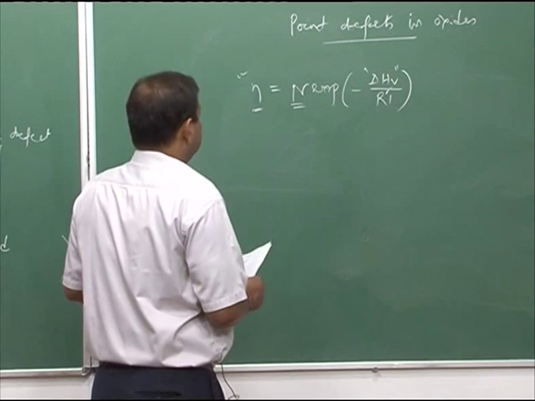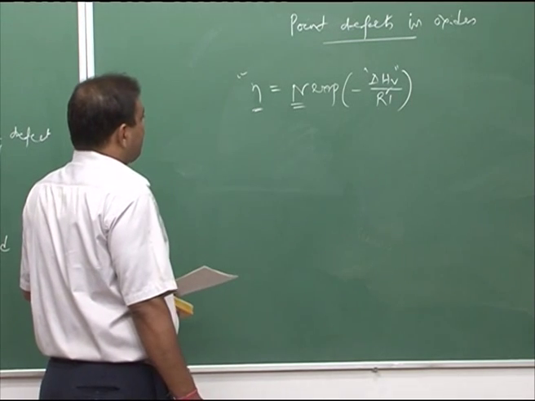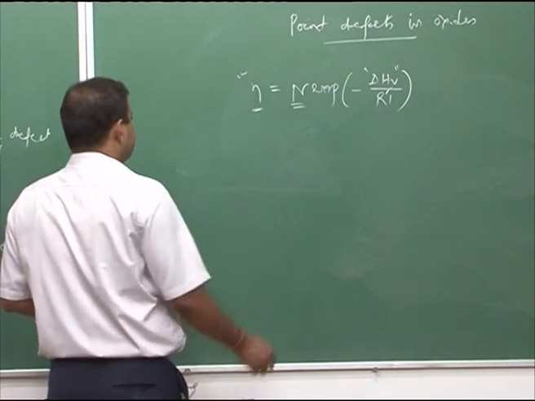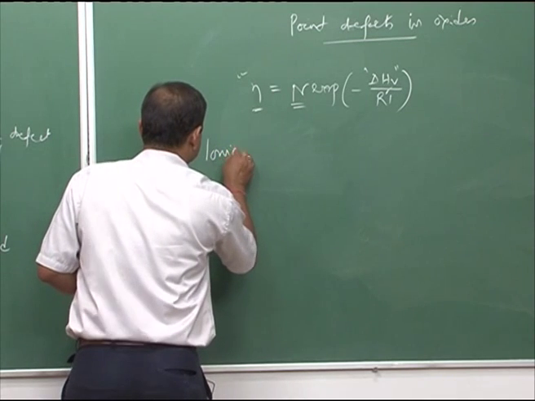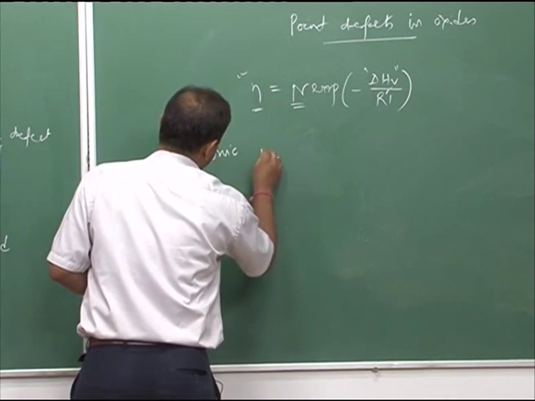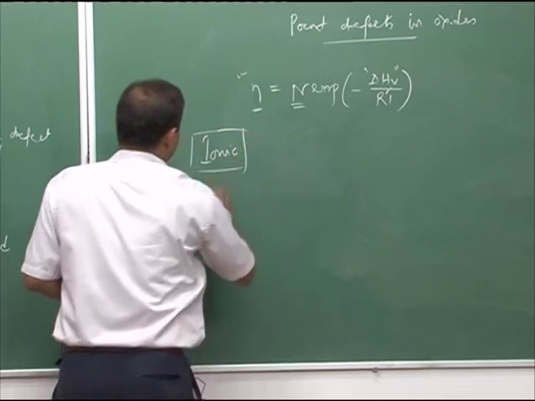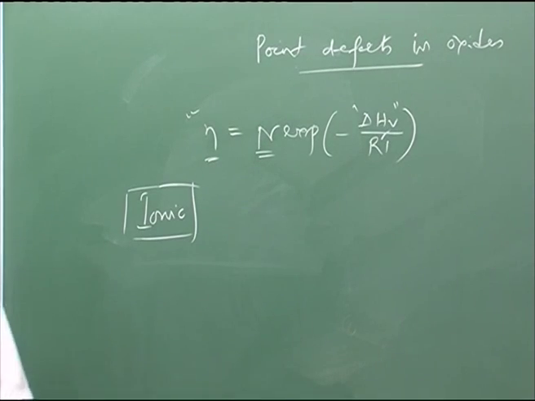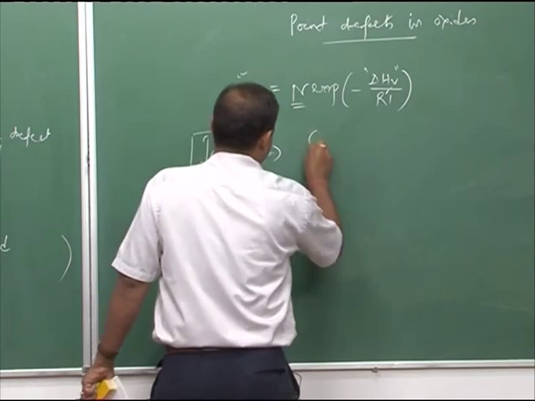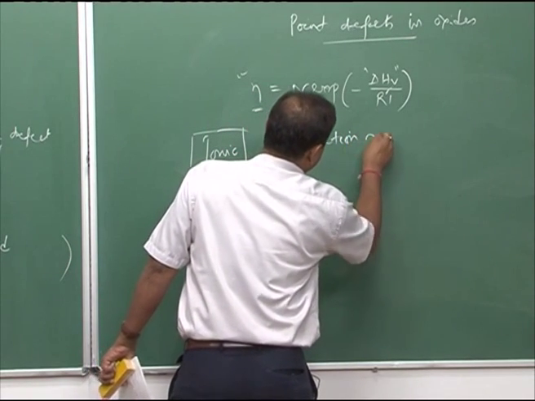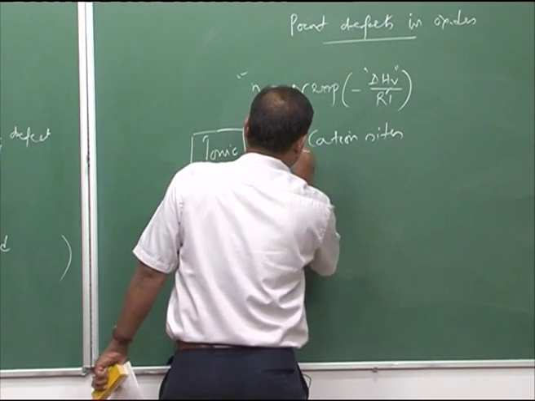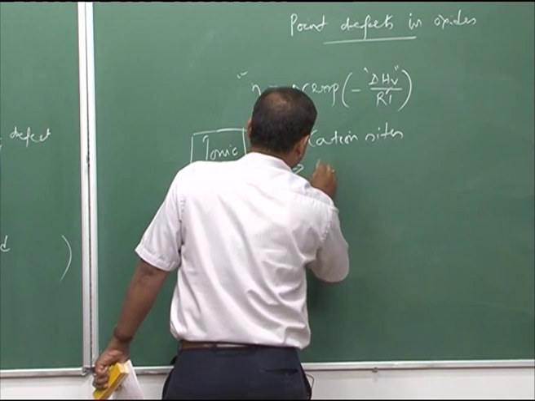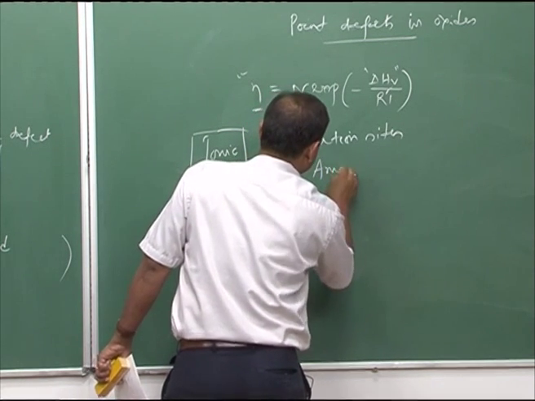Now, most of the oxides are generally ionic in nature. So, if we consider an ionic oxide, that means they have a cation site and an anion site.